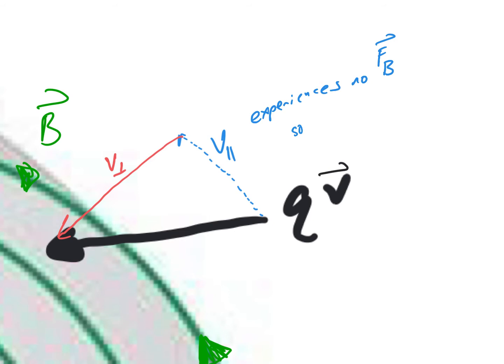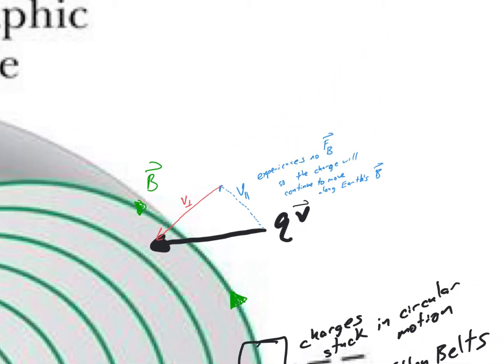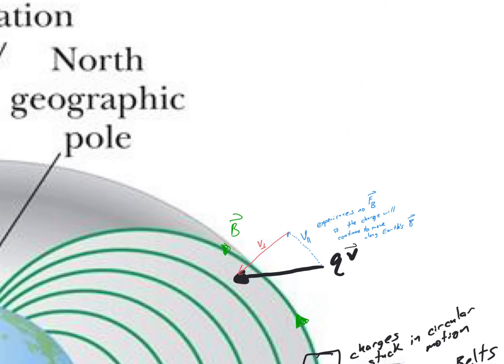So the charge will continue to move along Earth's magnetic field. So it will go along the magnetic field line like so.